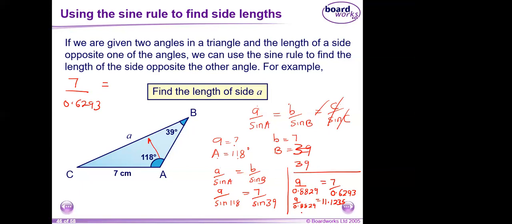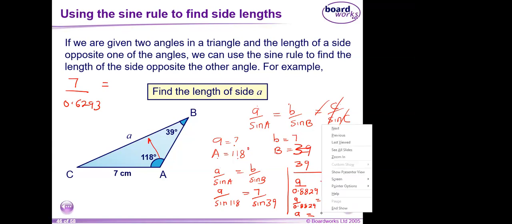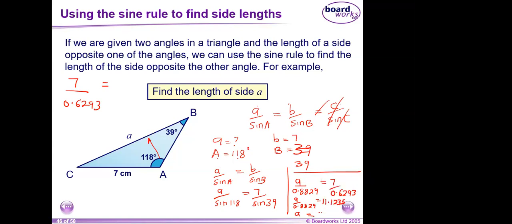Now, can we remove this 0.8829 by multiplying it on both sides? So I'll get A is equal to... In other words, we are multiplying. We have A out of 0.8829 equal to 11.1235.